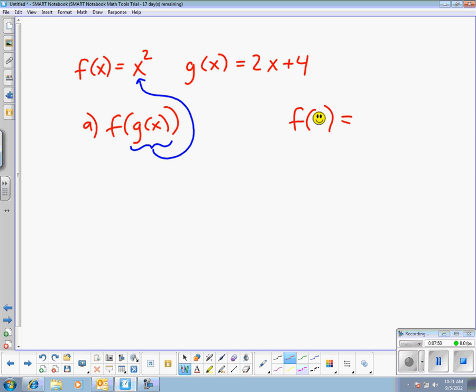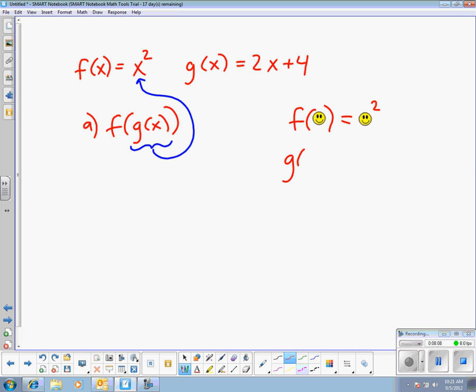Whatever is in those parentheses goes in for x in your function. So f of smiley face would be smiley face squared. I know that's stupid, but it helps bring home the point.